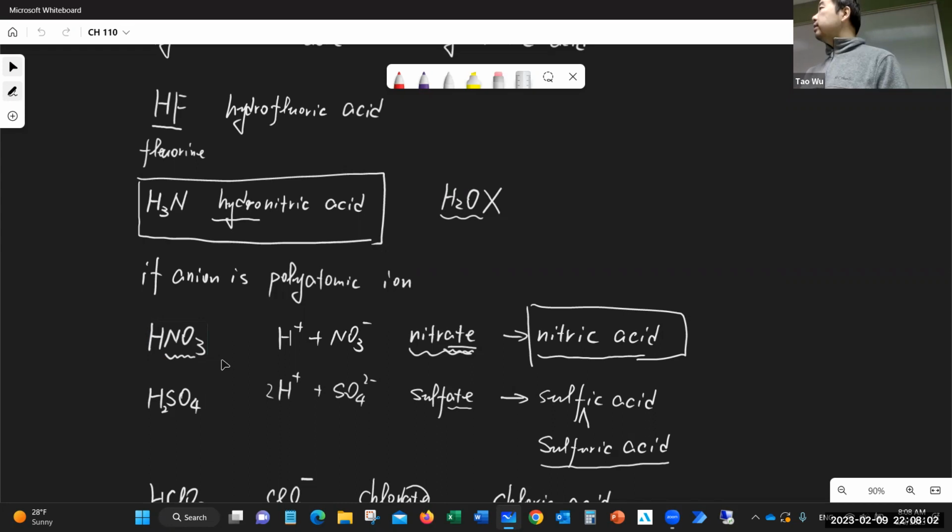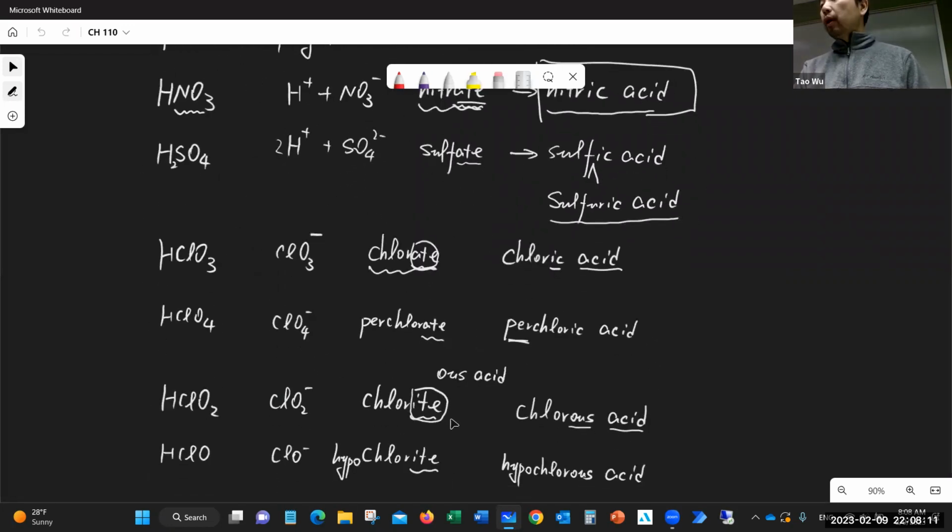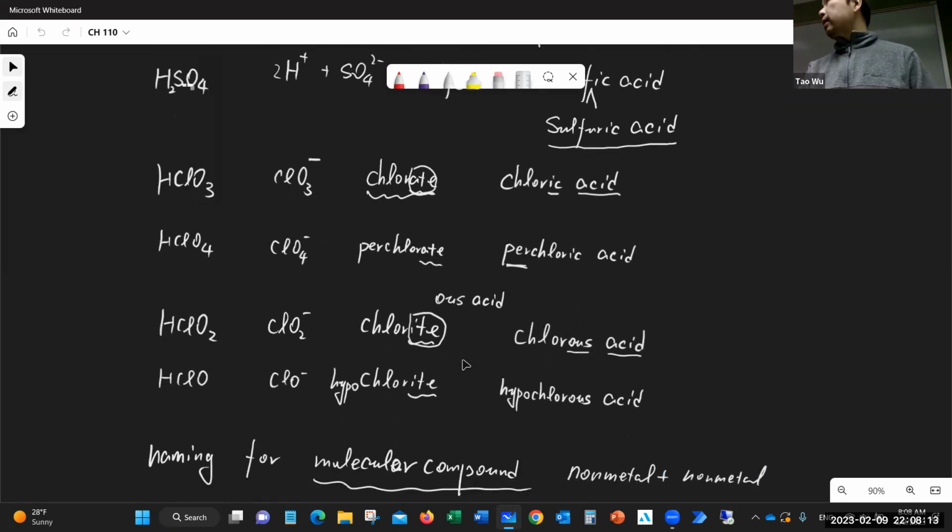If the anion ends with ITE, then you change the ITE to OUS. So generally, this is what we are doing for the acid. If it's a polyatomic ion, just look at the name of the anion. ATE changes to ic acid, ITE changes to OUS acid. That's it. Okay, so this is how we name the acid.